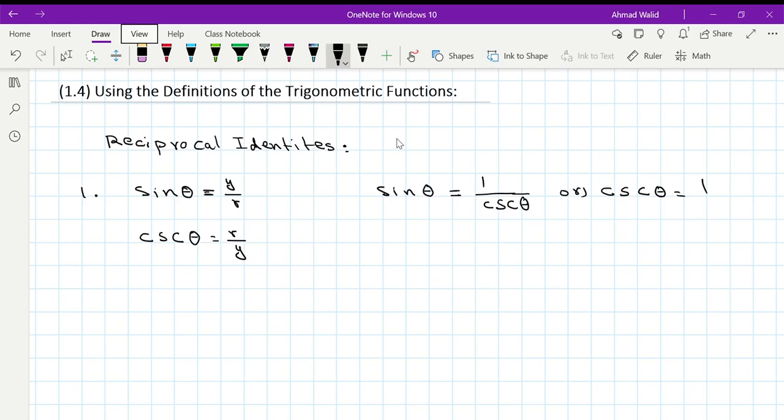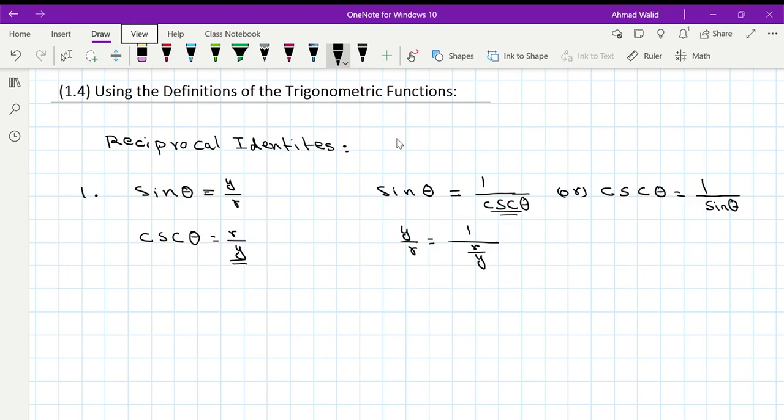Which way you go, this way or this way? But let me show you in a quick proof here that yes, it's right. Sine theta in terms of x, y, and r is y over r. This equals 1 over cosecant theta, which is r over y, so 1 over r over y.